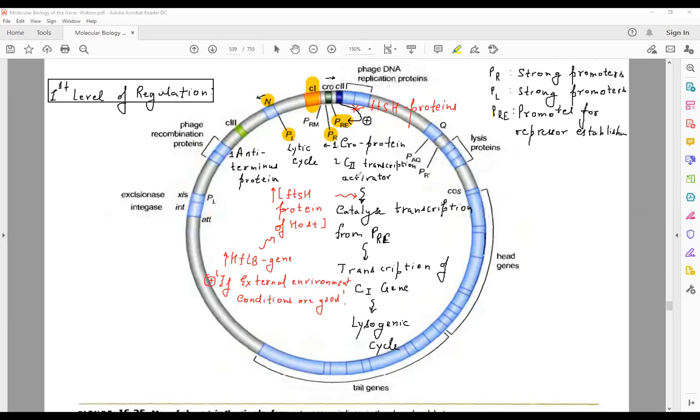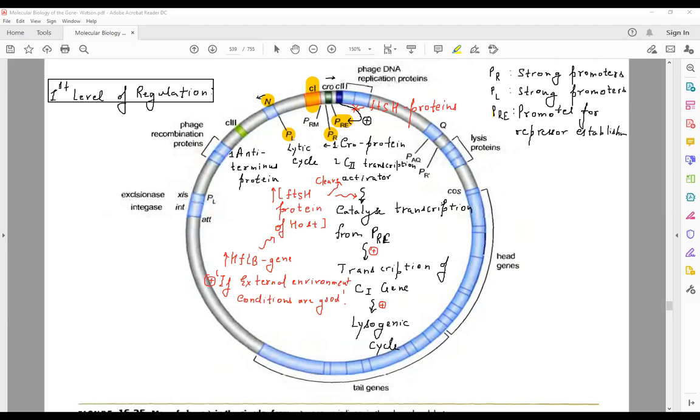It will inhibit the CII transcription activator because the activator will be cleaved by this protein. Once cleaved, it won't positively regulate the transcription of the CI gene, won't positively regulate the lysogenic cycle, and thus Cro protein, which was being produced, will establish the lytic cycle. In the case when FtsH protein is very low, the lysogenic cycle will take place.